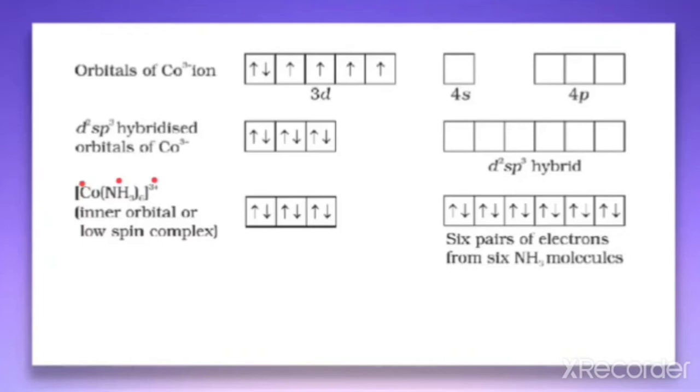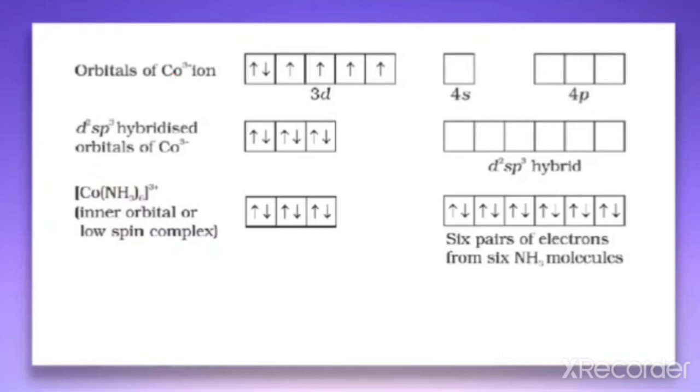First of all, the orbitals of the central metal ion undergo hybridization. So first identify the central metal ion, that is Co3+. Remember, the charge of that ion is important here, because you need it to find the oxidation state of cobalt, which here is 3 positive, Co3+.